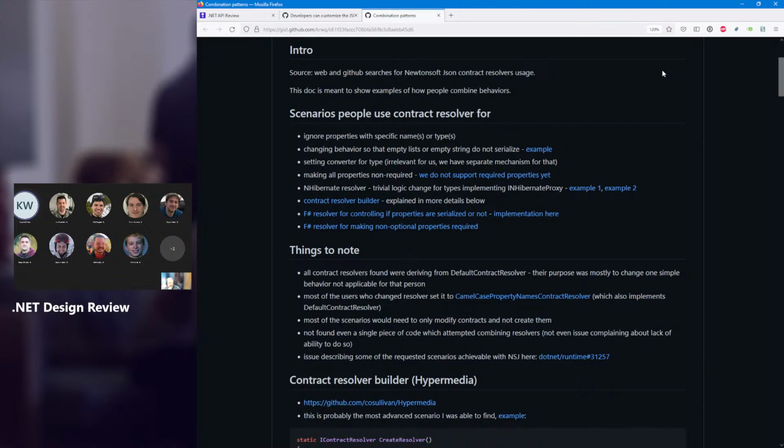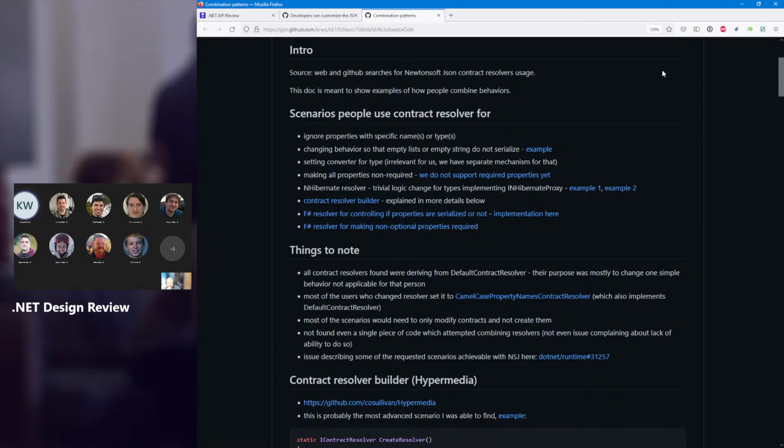I found one Stack Overflow issue where people ask how to do it, but in the specific case where they've done that, that was a very simple thing they could have achieved with a very simple inheritance provided by Newtonsoft.Json. But anyway, the conclusion here is that people pretty much never do that, almost.